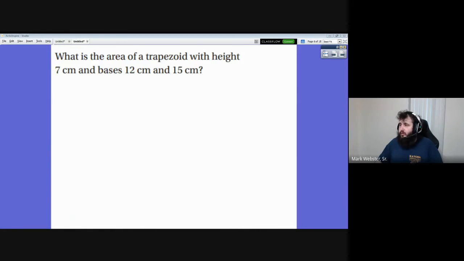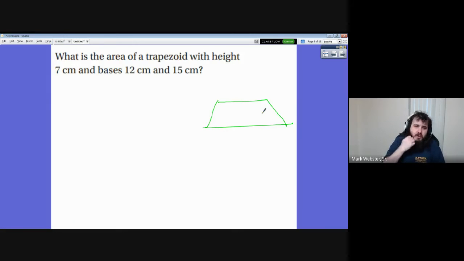Alrighty, so let's go over this one. Same idea. They just, it's more vanilla, right? They didn't have a whole picture of Nevada in the picture. So draw out your trapezoid. Don't try and do this in your head. I'm telling you, it's so much easier to not do it in your head. Right? Here's the height is 7. This base is 12. This base is 15. What's the average of the bases?